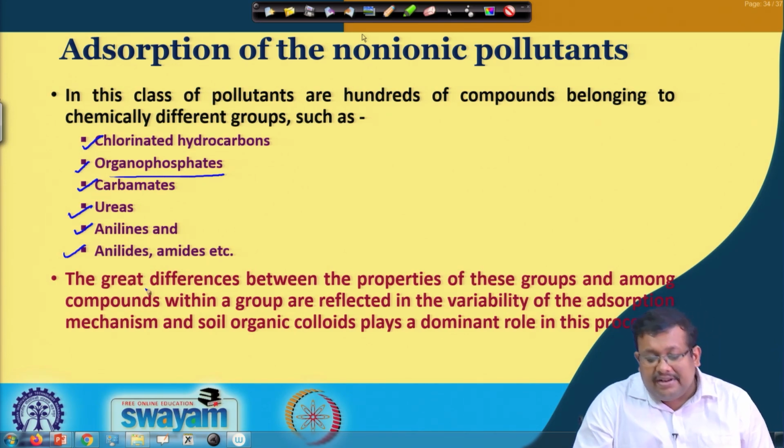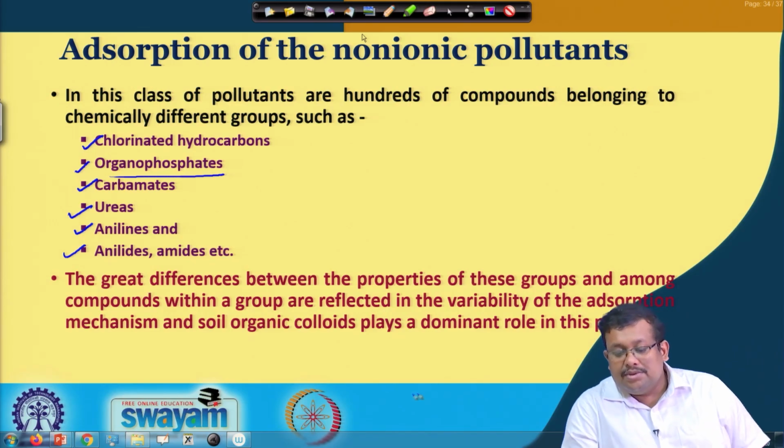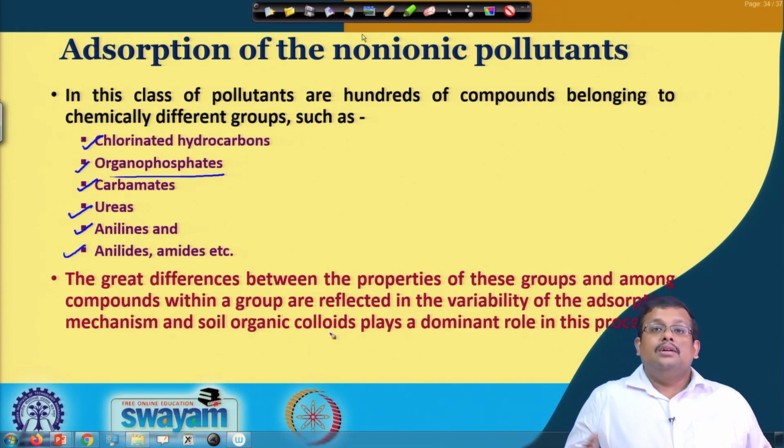Now, the great differences between the properties of these groups and among compounds within a group are reflected in the variability of the adsorption mechanism, and soil organic colloids play a dominant role in this process.